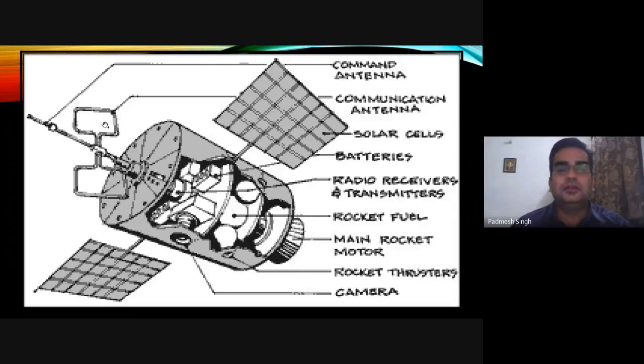Then there is a communication antenna. The purpose of this communication antenna is that it provides a footprint on the earth stations, receiving and giving signals for earth station operations.